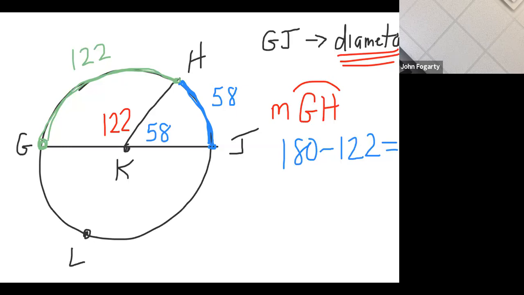Here's a question for you. What is the measure of arc GLJ? Well, what's that mean? Start at G and go to J, but go through L. What is this?